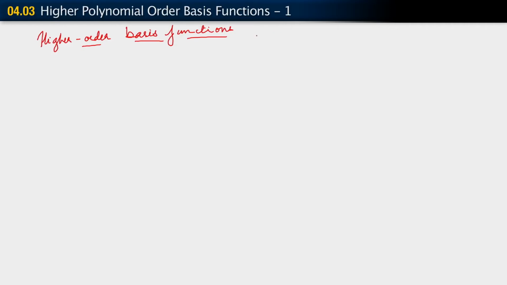So higher order basis functions are generated by a formula for Lagrange polynomials.